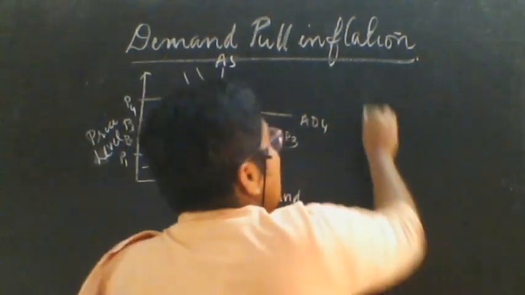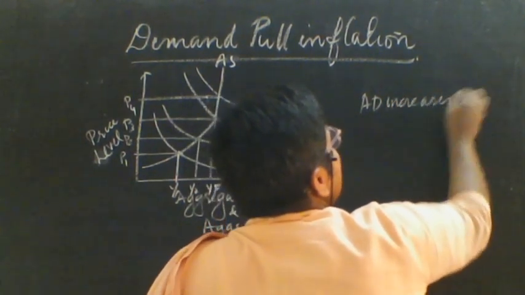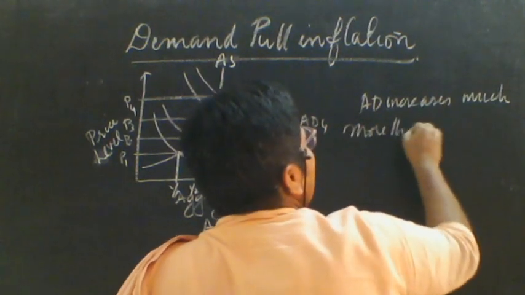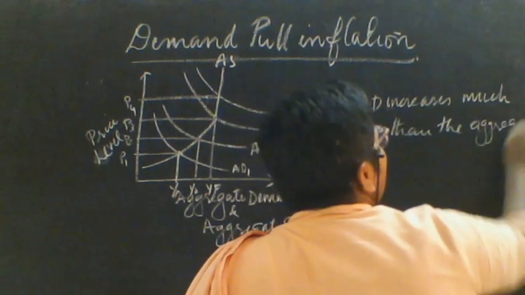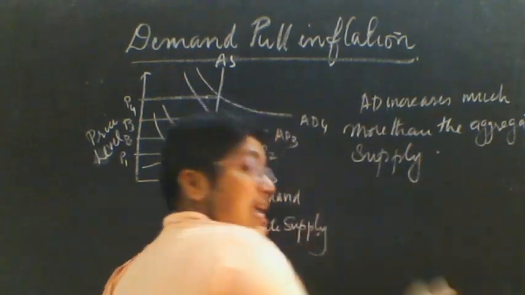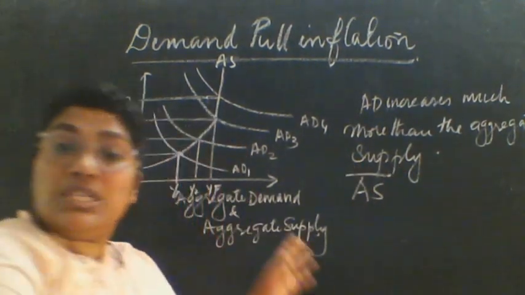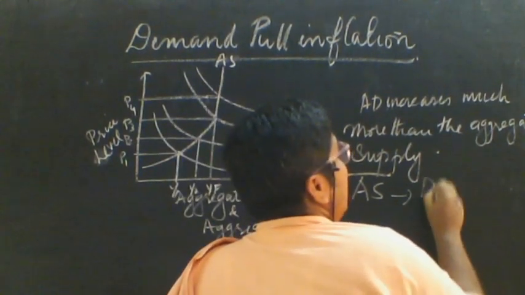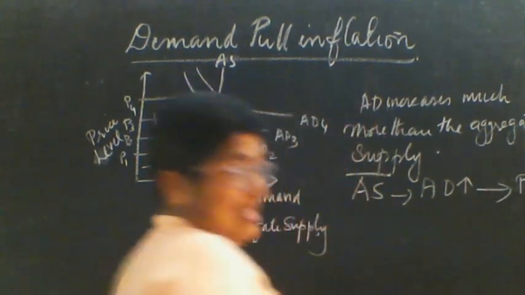Demand pull inflation occurs, or we can say, given the aggregate supply, that means aggregate supply is given and remains constant, when aggregate demand increases, that will cause an increase in price level.